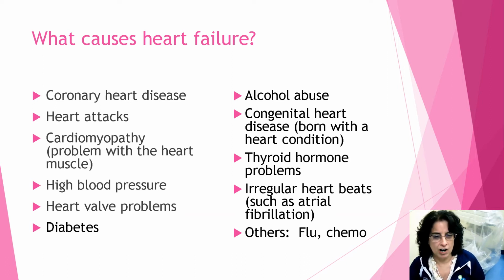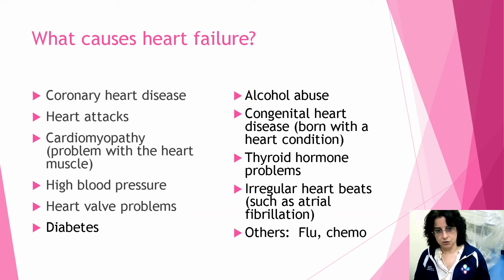So things like coronary artery disease and heart attacks and cardiomyopathy, they affect the heart muscle tissue itself, causing the tissue itself to weaken. High blood pressure, think about it like if I handed you a weight, like a 10-pound weight to do bicep curls with. If you do a certain amount, your muscle is going to get stronger.